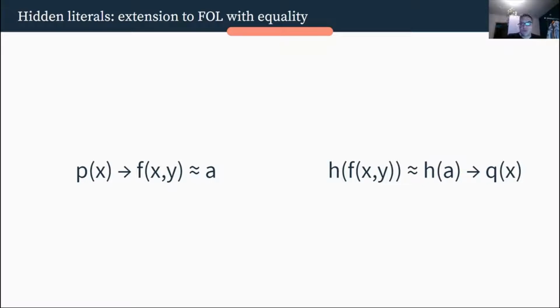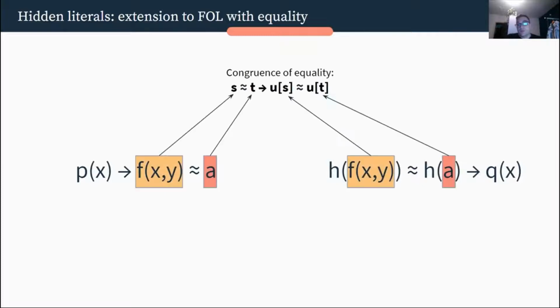But more interestingly and more importantly, because we assume first order logic with equality, we need to take care of properties of equality, and the most important property of equality is congruence. Whenever I have that a certain equality holds, I also have that this equality holds under any context, so whenever I build more function symbols around this equality.